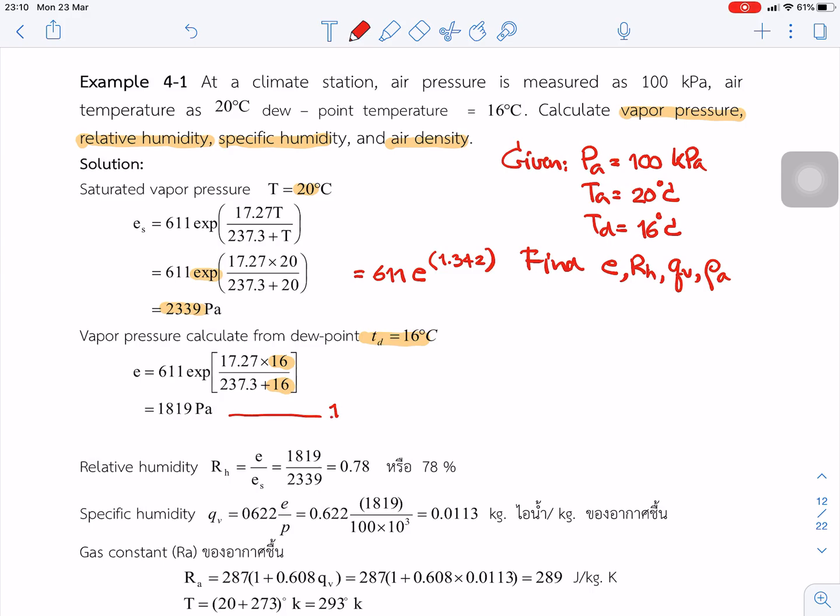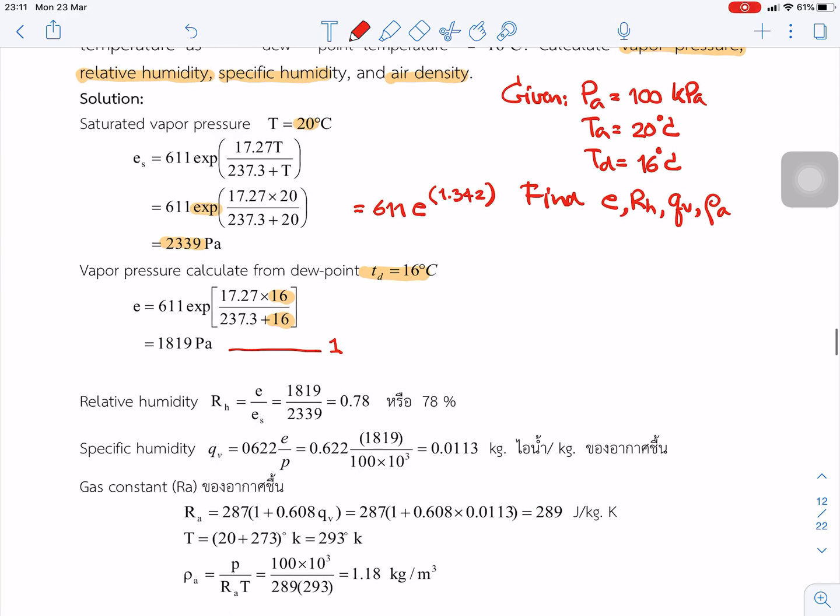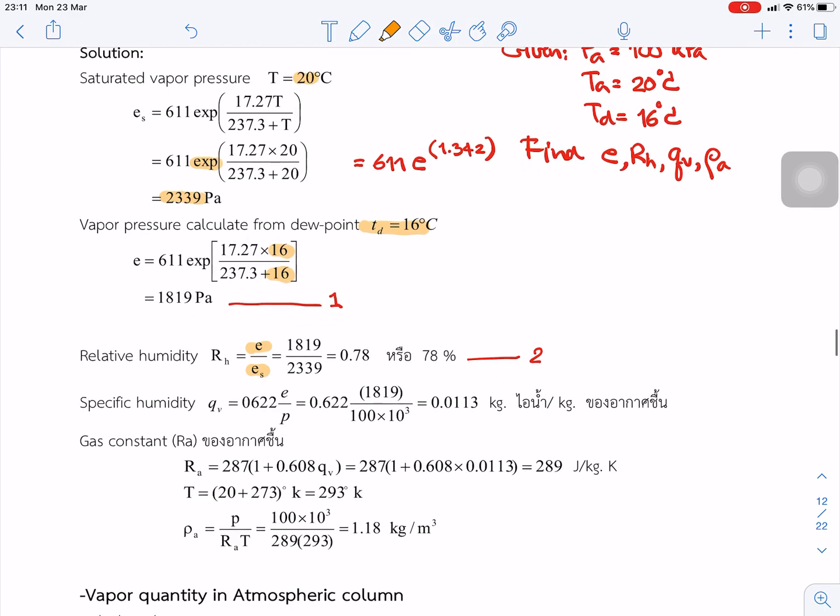That's the first solution: 1819 Pascal. The second answer is the relative humidity. E divided by E sub S gives the relative humidity.